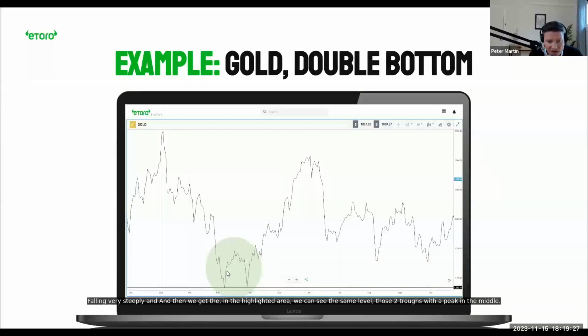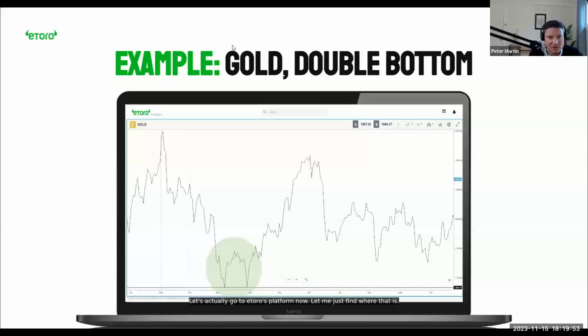Then in the highlighted area, we can see the same level, those two troughs with a peak in the middle. The resistance is defined by that peak in the middle, and when price breaks above that, that would be our signal. As we can see, that did actually herald a big reversal in the price of gold.